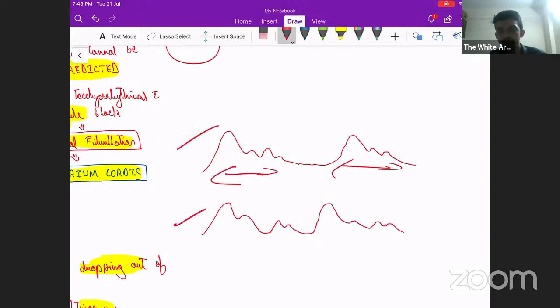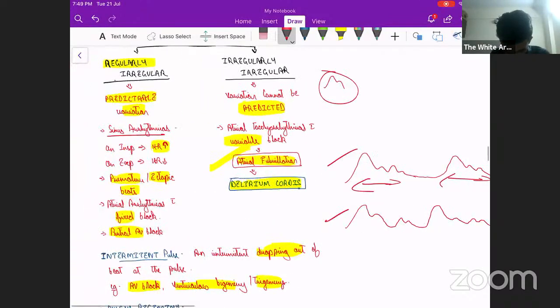What is the second one? Good. The second one is pulsus alternans. The first one is pulsus bigeminy. Very good. So let's look into them.